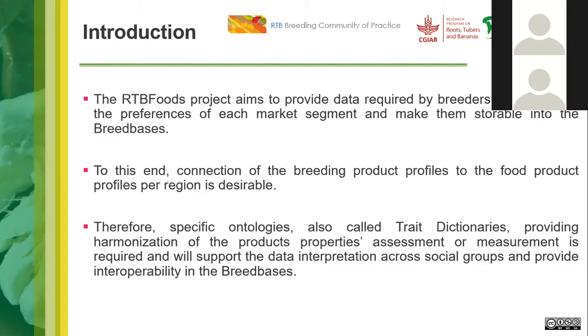This will support data interpretation across all the social groups and provide interpretability in the breed bases. So a harmonized way of showing how each property was measured is needed, and that's what these ontologies do.